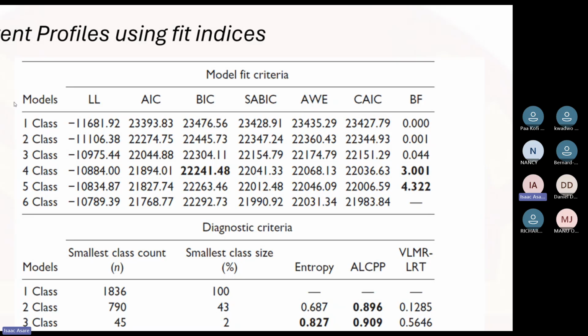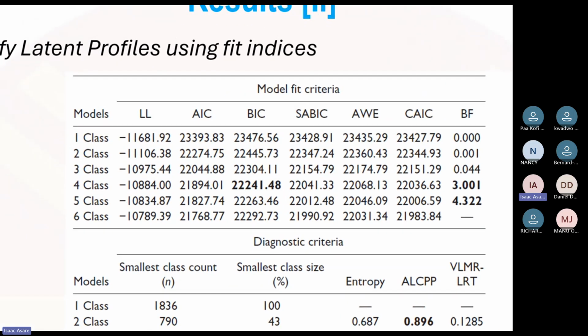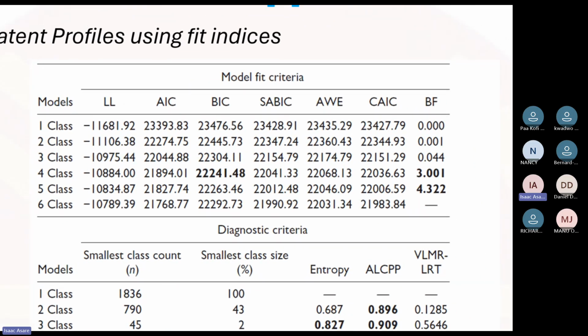So you fit the first one, then you record all these values. You need to record the values as you see them. So let's say the log likelihood, you had 11,681.92. You have the AIC, 23393.83.